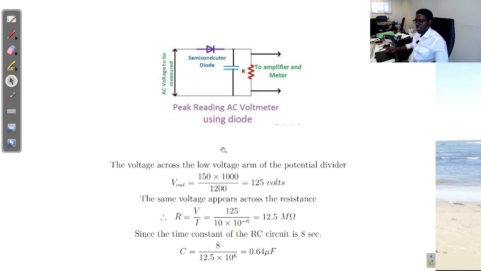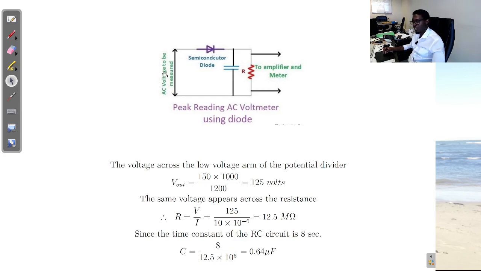Now, before we get to the solution, this is a similar structure of an RC peak reading voltmeter, which uses a diode in this case. The principle of operation is that the AC voltage to be measured is applied onto these terminals, and then it is rectified, and that charges the capacitance. Once the capacitance is at peak value, the maximum value, the diode becomes reverse biased.